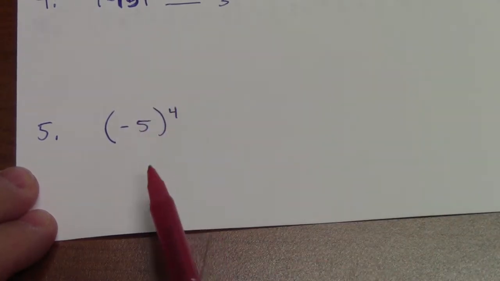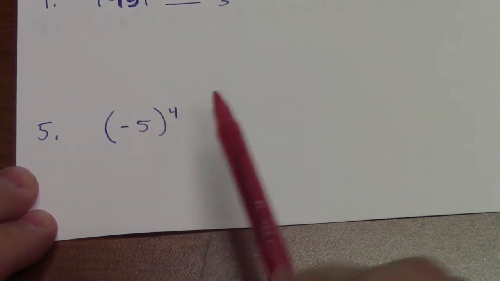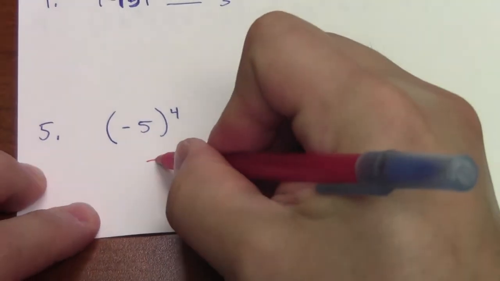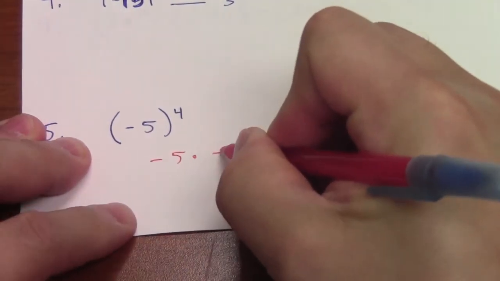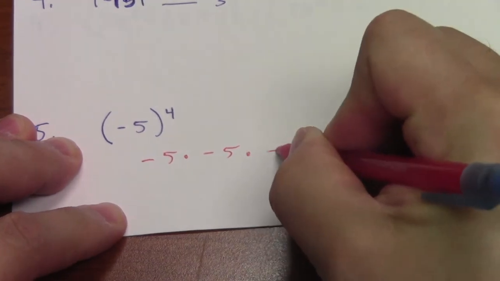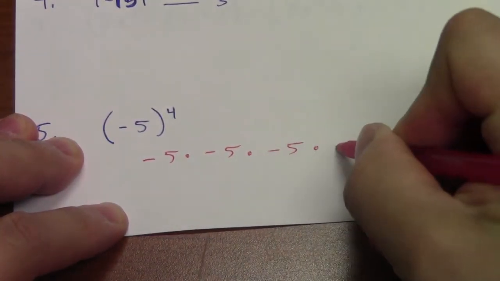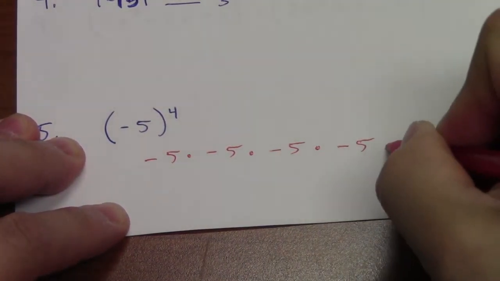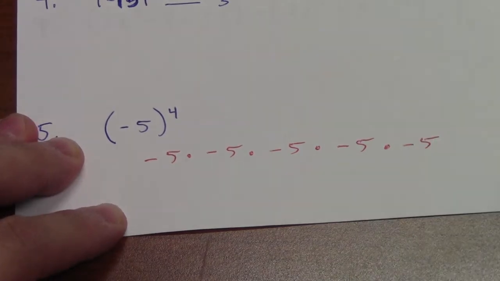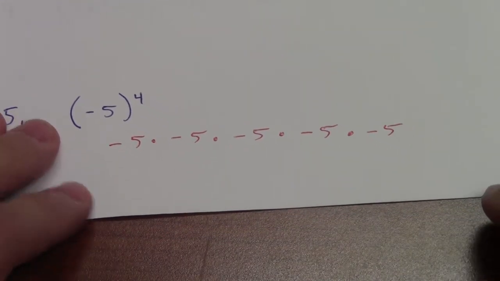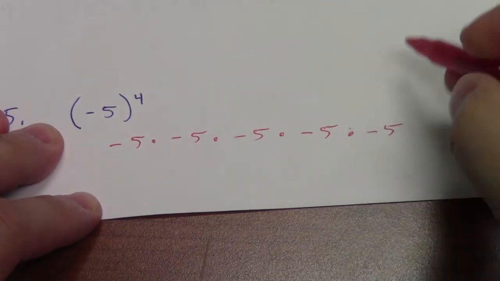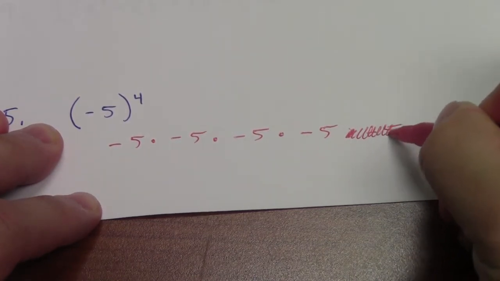Numbers raised to a power. All right. -5 to the 4th power. Remember, all that is -5 times -5 times -5 times -5. In your calculator, you can just plug it in if you want. I put too many here, let's get rid of these.